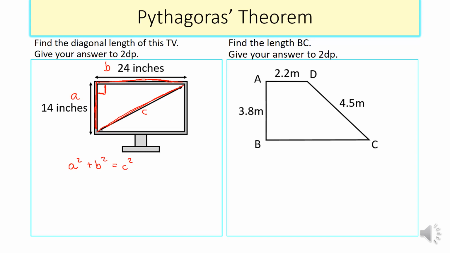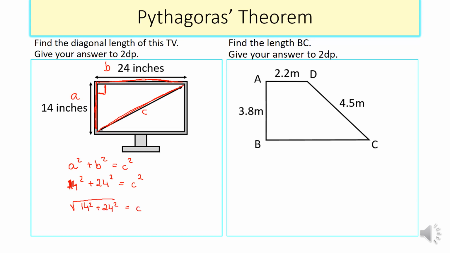I can substitute the values into this equation. So that is 14 squared add 24 squared, that equals C squared. Remember that I have to square root the answer.